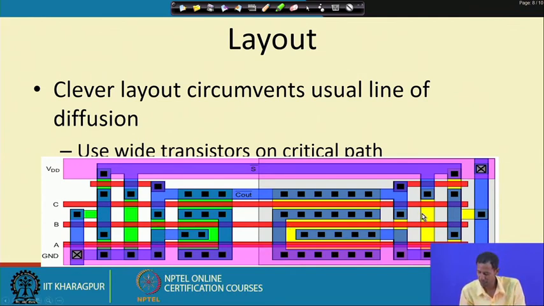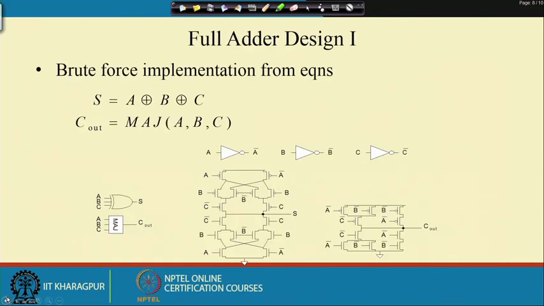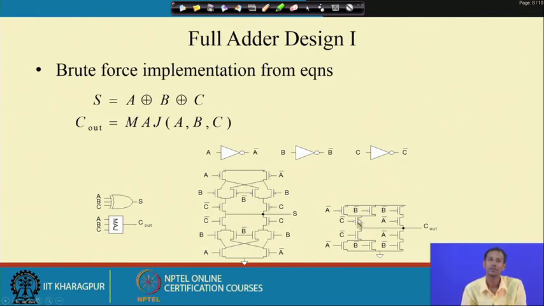And then I have different layers of metal, somewhere green, somewhere yellow. These are the different layers of metal which are connected along with A, B, C, VDD and ground. And how is this connected? It is connected based on the transistor level implementation.